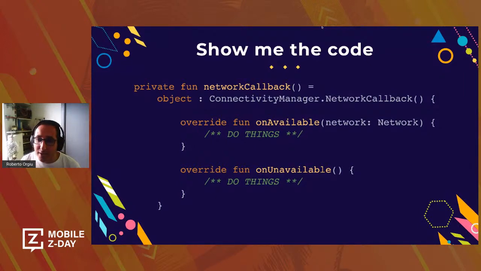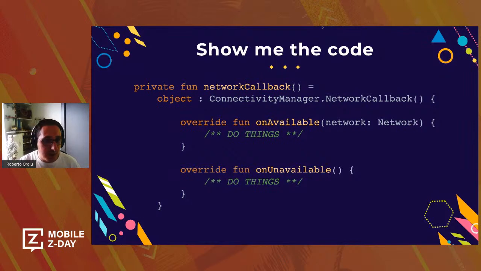This will be the parameter that we can use when we need to connect at socket level to a specific network. So in the onAvailable, it's where we will be possibly binding the socket if we ever need to do that. To be honest, it didn't happen to me that many times, probably only once in my life, but this is where I will do it if I need to do that again.